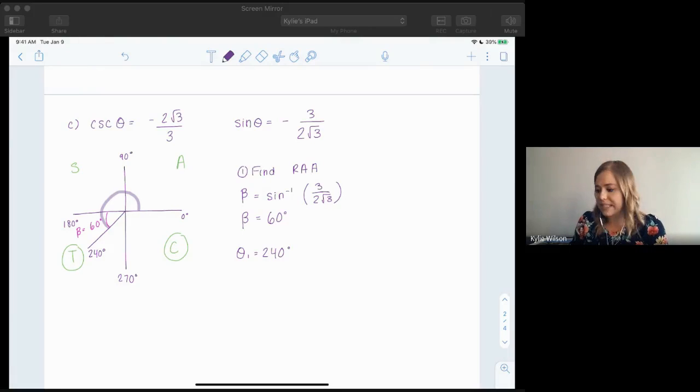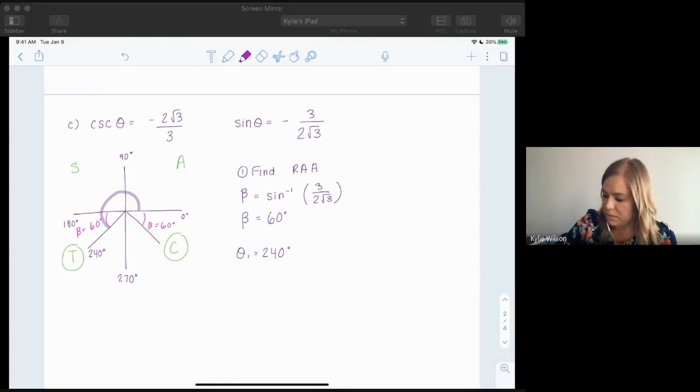And now we have a second one because we also have one living in quadrant 4 here. And again, this one also has a related acute angle of 60 degrees. And our related acute angle is always measured from the x-axis, no matter what. So let's find that angle.